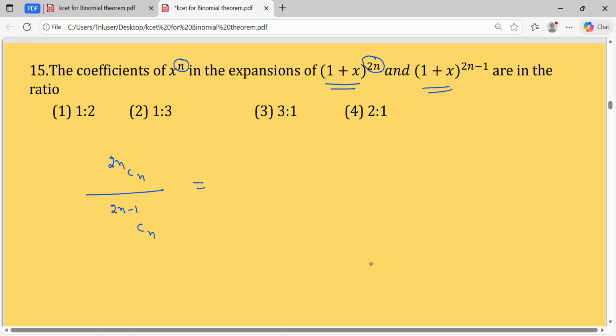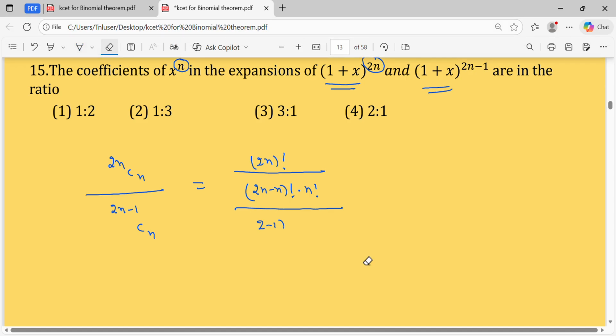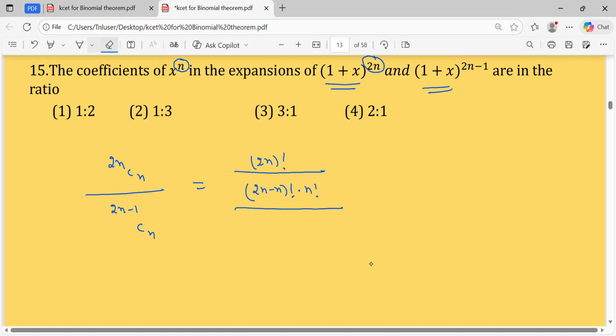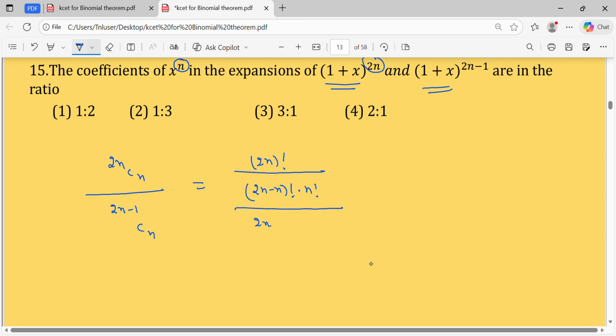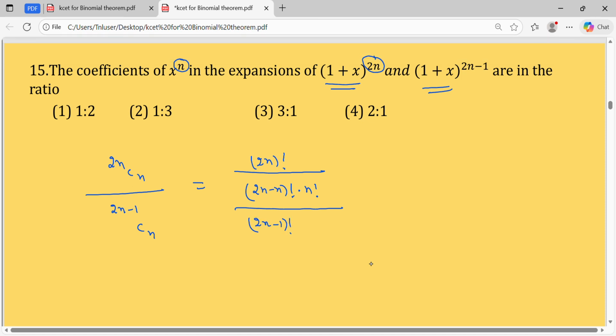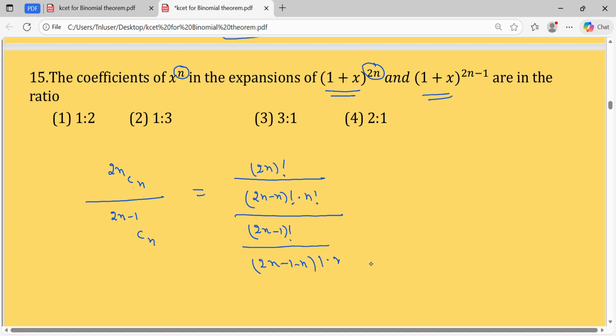Now 2nCn can be written as 2n whole factorial by 2n minus n factorial into n factorial, divided by, similarly, 2n minus 1 whole factorial divided by 2n minus 1 minus n whole factorial into n factorial.